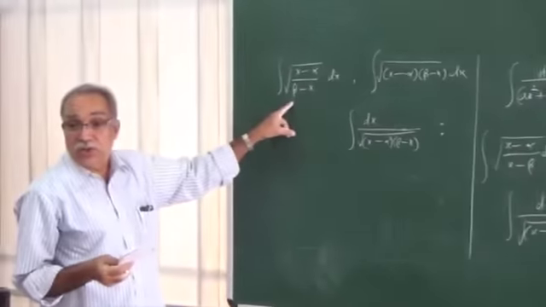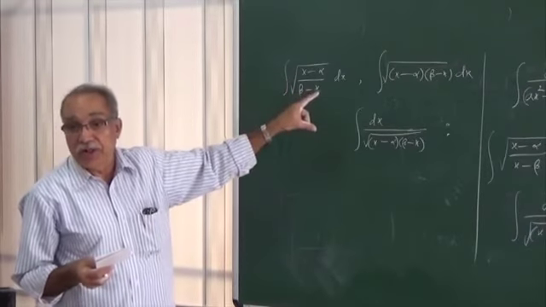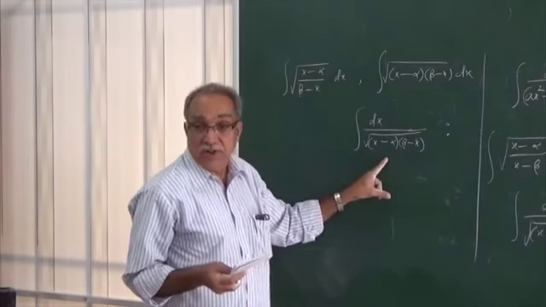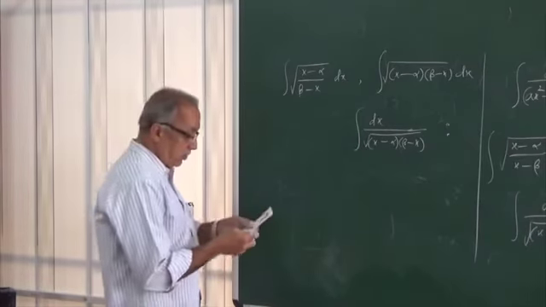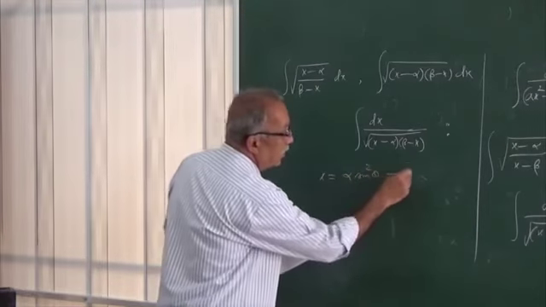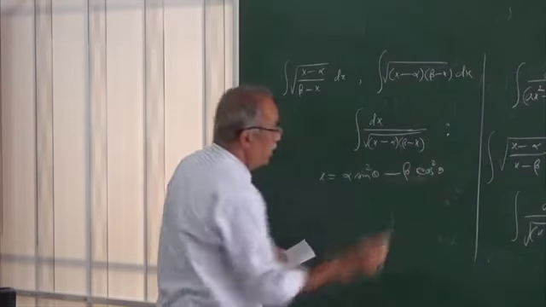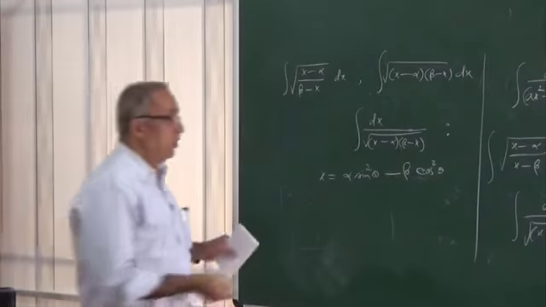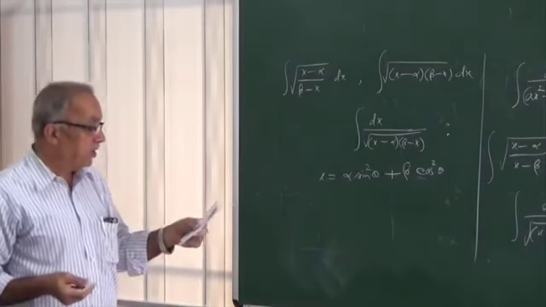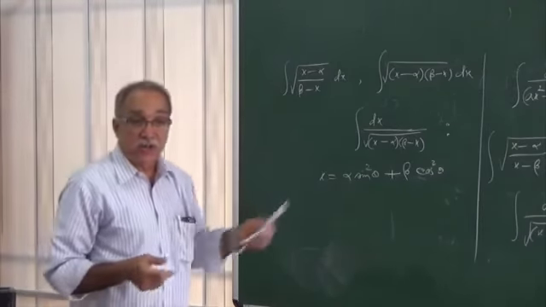One method already known to us: rationalize the numerator, obtain the integrand as linear by root of a quadratic, and so on. Completing squares. Now, alternate approach. X equal to alpha sin square theta plus beta cos square theta is workable in each of the three cases.